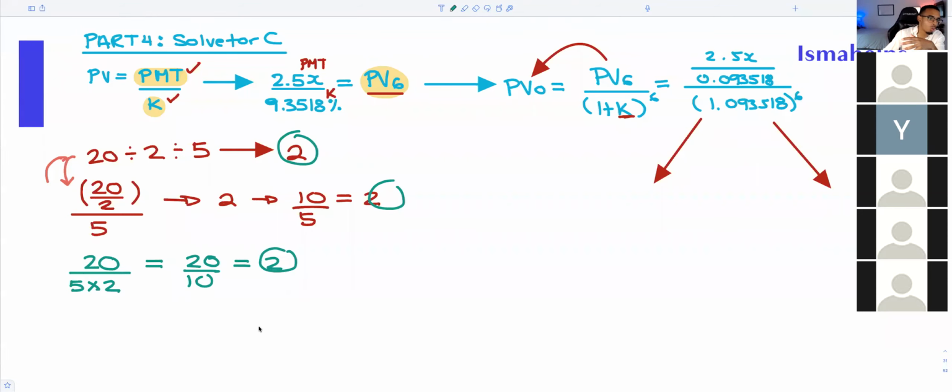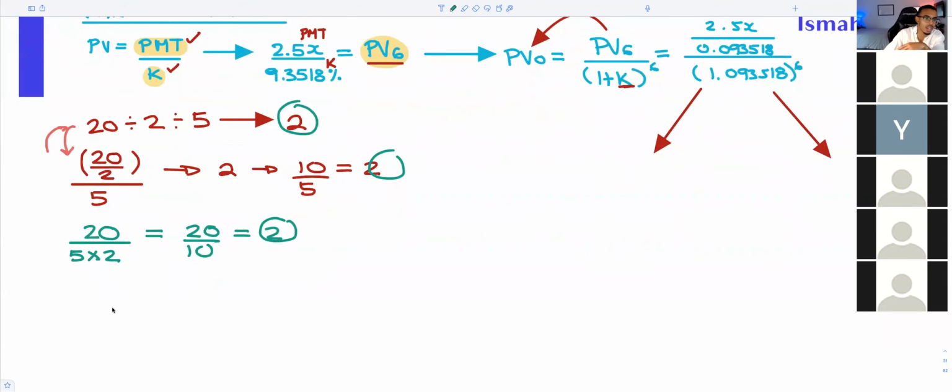So there's this really cool rule in math that says that something divided by something, then divided by something else, is quite literally equal to 20 divided by 5 times 2, right? Instead of dividing them twice, you could just multiply the two things that you're dividing by and do it once, okay? Did that example make sense to y'all? I hope it did.